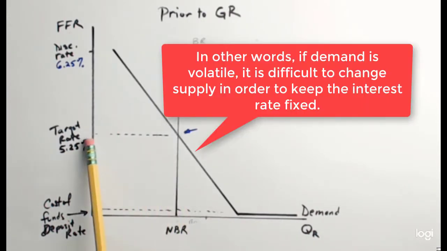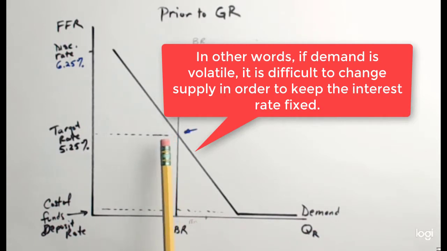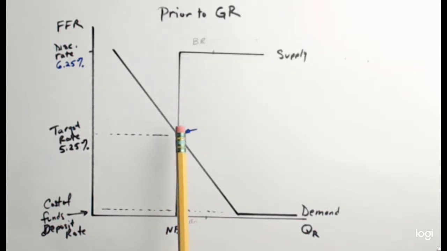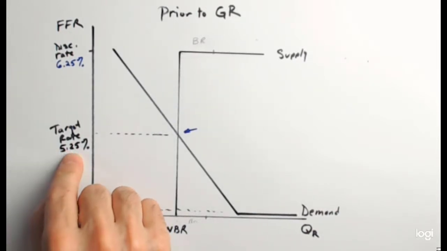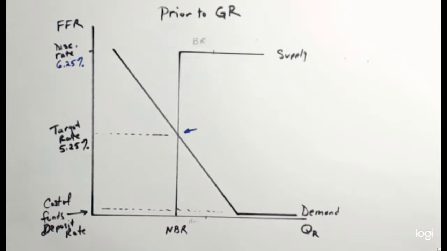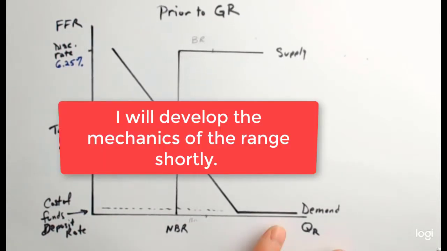And the further it is from the target, the less credible it looks. So eventually during the Great Recession the Fed implemented a target range. Instead of a specific number, they looked for a range.